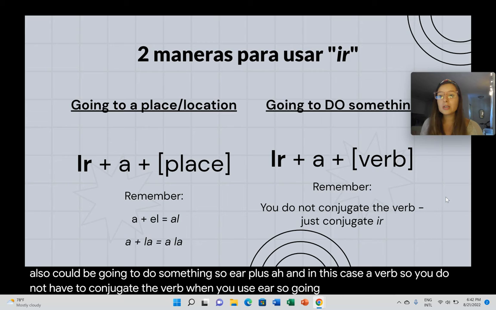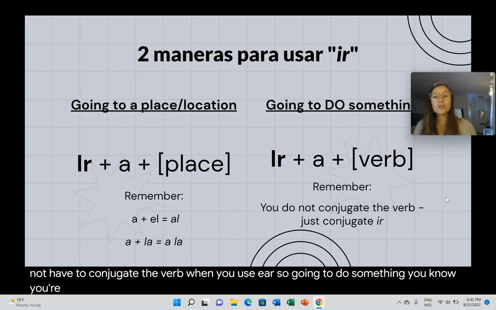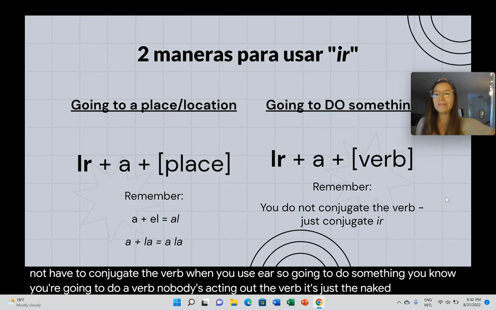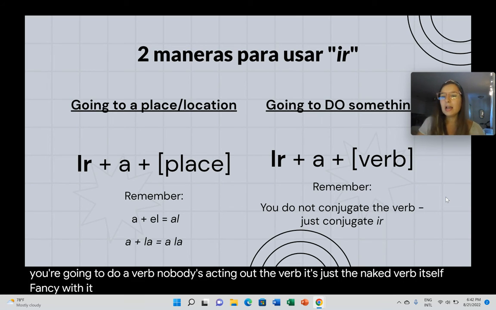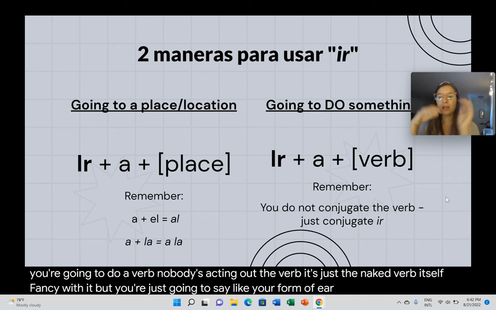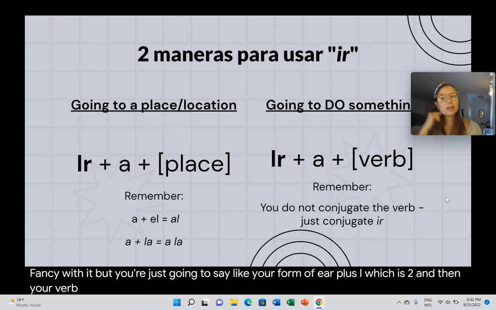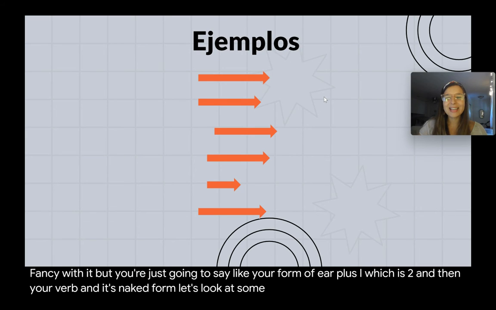So going to do something, you're going to do a verb. Nobody's acting out the verb. It's just the naked verb itself, or the infinitive form if you want to get real fancy with it. But you're just going to say your form of ir plus a, which is to, and then your verb in its naked form. Let's look at some examples.